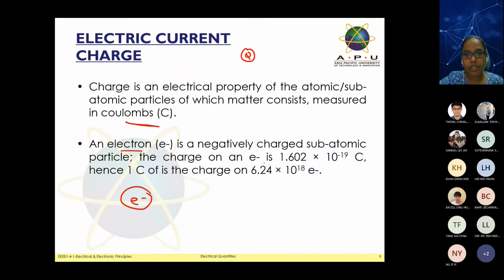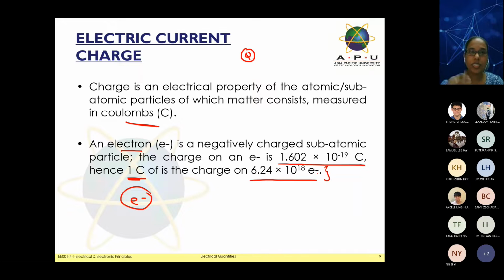In terms of that, there is a specific value, a constant value, for your electrons. Just have a look at this unit. They already specify how much charge the electrons carry. One coulomb equals how much charge? This is what you need to remember, so it's better to take note of this value.